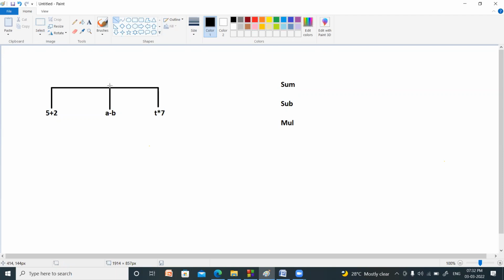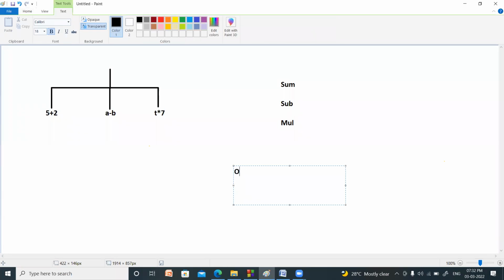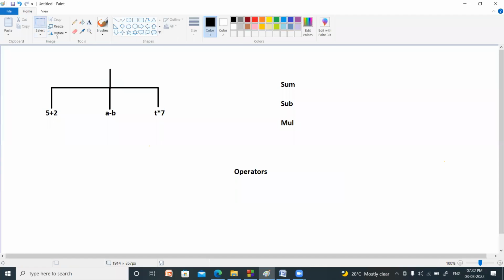Operators are nothing but the tools that are used to perform the operations. What are the operators I used in my example? Plus, minus, and into.